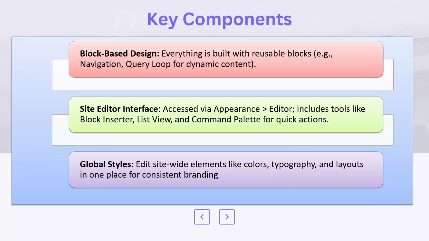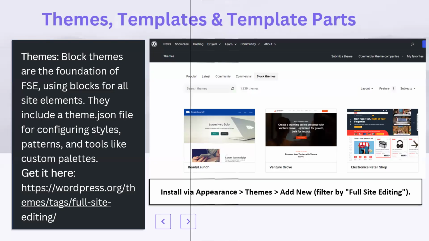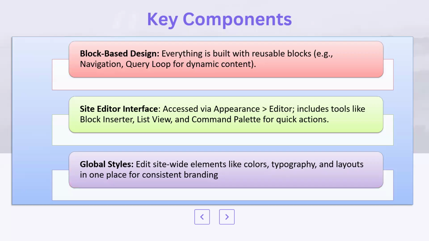We can choose layouts, and every time we create pages, we don't have to edit color or change font, but we use global styles to control the font, the color, and other layouts as far as it's concerned. So that's a brief about full site editing. The rest is going to be in demonstration, how we can use full site editing.